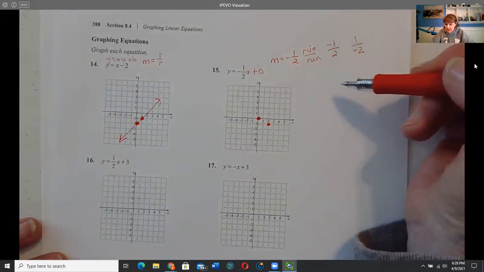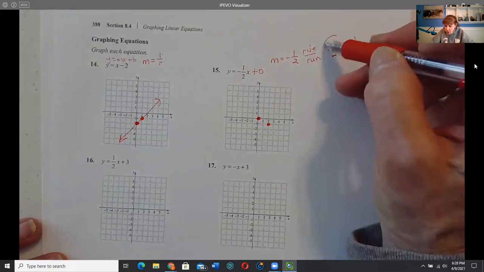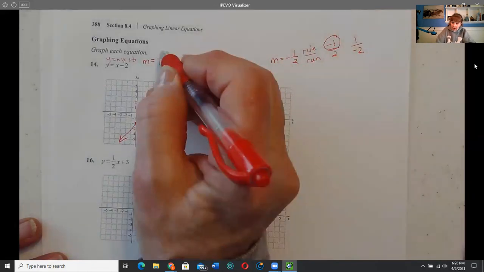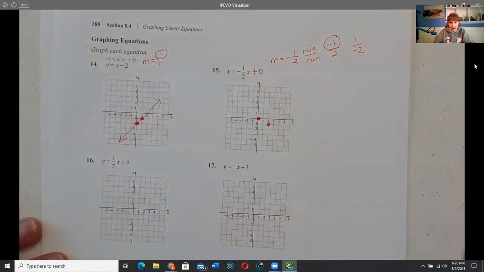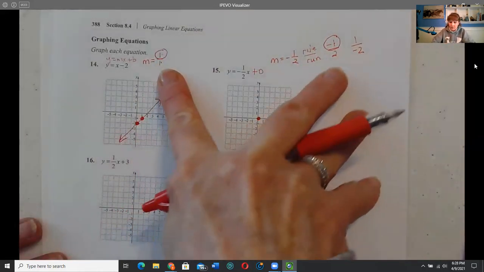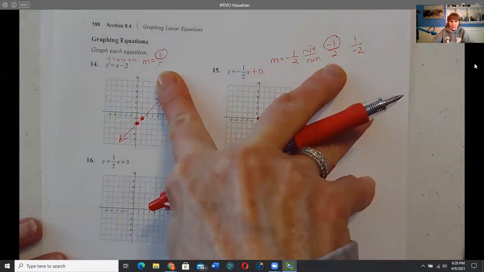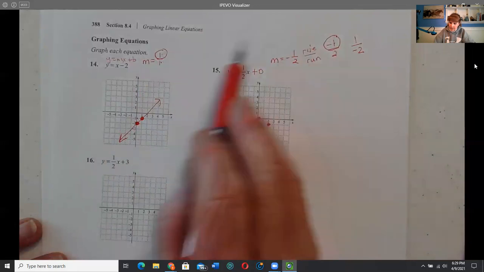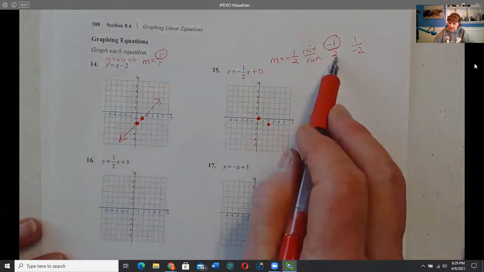Only one of them is negative. I generally go down if it's negative. I generally go up if it's positive, and then I always go to the right if there's room for that bottom number. So up or down, to the right.